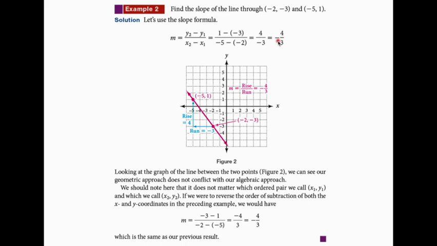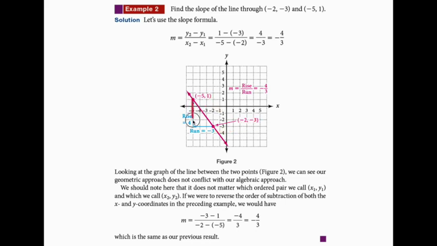That negative tells me it's going to be slanted so that it decreases left to right. Now, if I plot these 2 points on the grid, here's -5, 1, here's -2, -3, and we can check the slope geometrically. So if I look at the vertical distance, here's my vertical point here, 1 to -3.